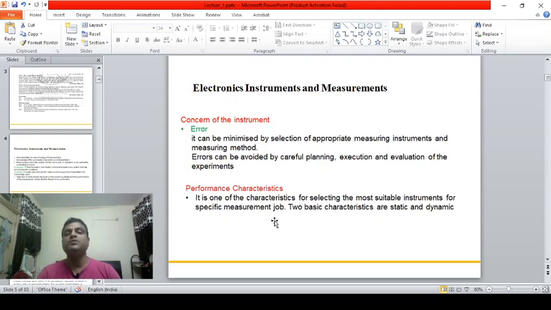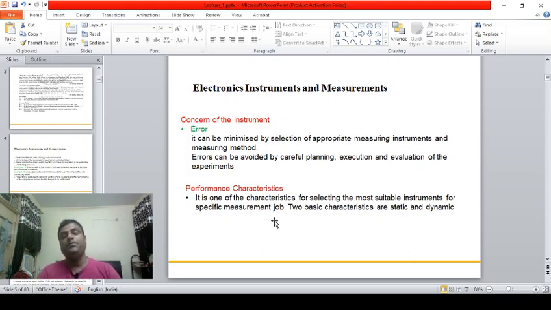Then we move to the performance characteristics of the instruments. It is one of the characteristics for selecting the most suitable instrument. I already said that for a particular measurement we are required to select a particular instrument. So we know the characteristics for selecting the most suitable instrument for a specific measurement job. Two basic characteristics are static and dynamic.